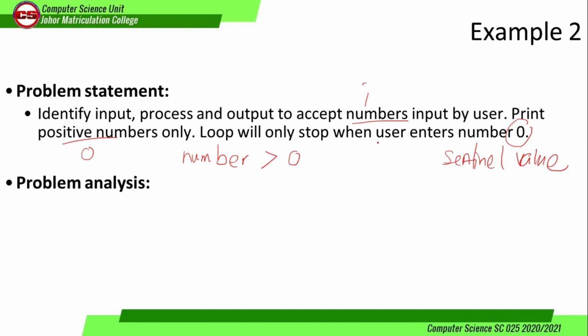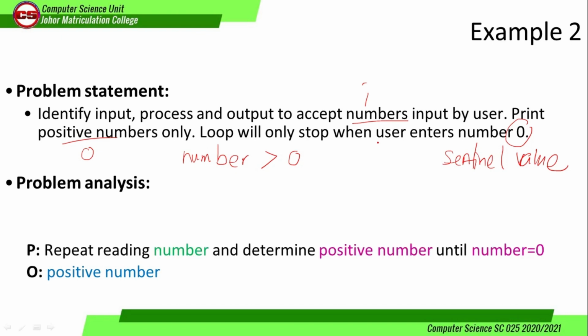Okay, so how to write the problem analysis? Output here, you want to print only positive number. So what's the process? Repeat what? Repeat reading number and determine positive number until number equal to 0. So determine here means the selection. This one is selection.